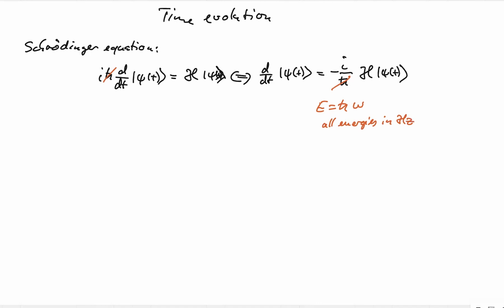And because we give it in Hertz, equations do not contain the h bar anymore. With this, the Schrödinger equation gets a bit easier: d over dt of psi of t equals minus i H times psi of t.